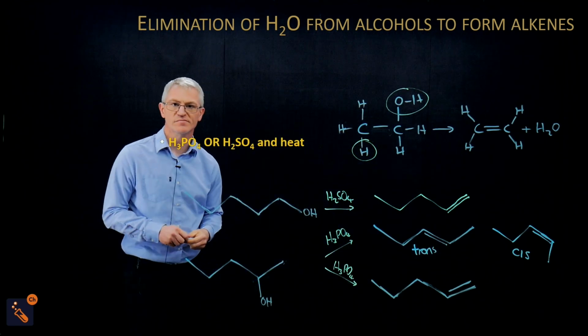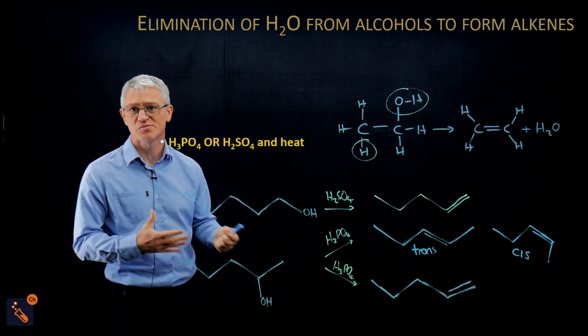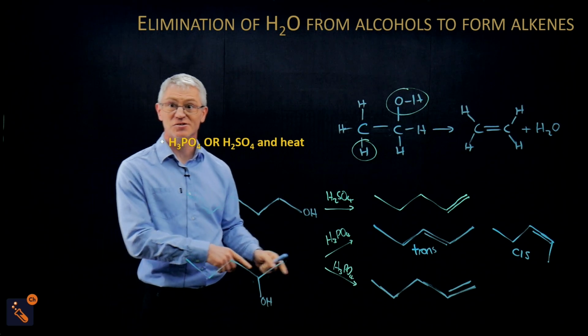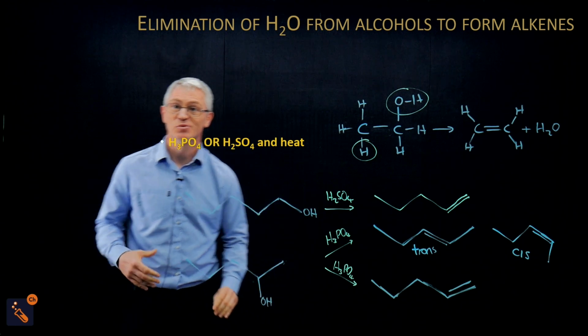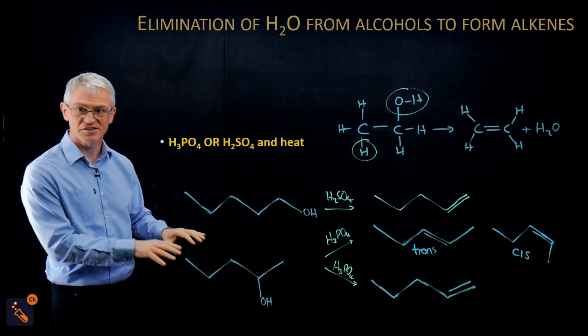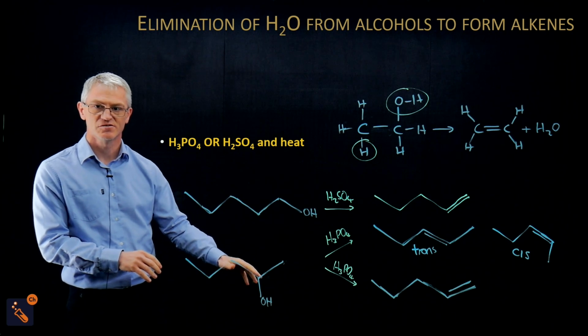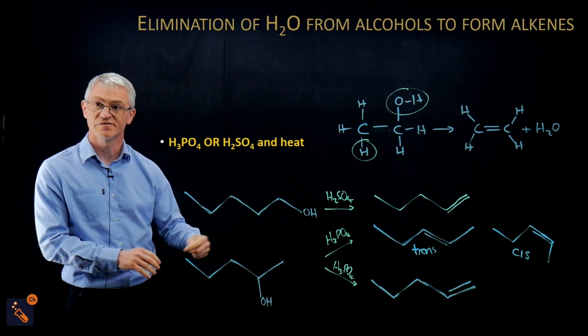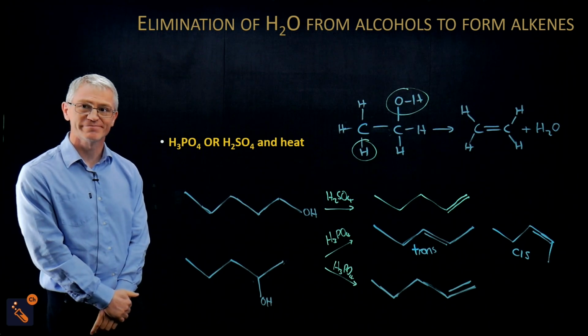You've got your cis and you've got your trans. So the possible number of products you can get is not 2, it is 1, 2, 3. Really important when you're looking at these kinds of questions that you don't miss that complication when you have an OH on number 2 of a 5 carbon, or anything basically that's unsymmetrical. I hope that makes sense.